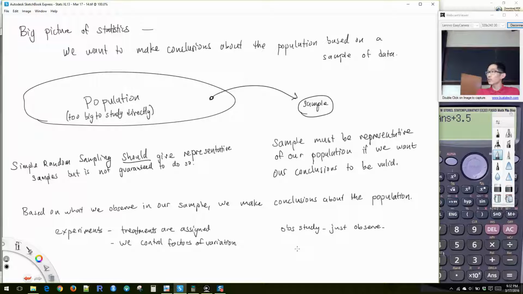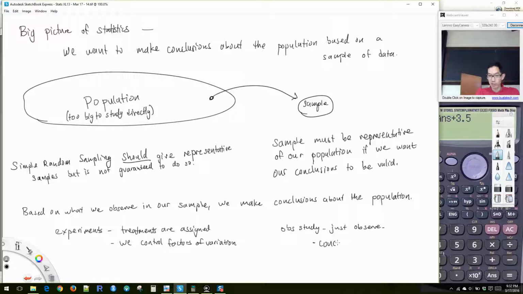You can only say these two things are associated. With experiments, what would the flip side be? Causation. Yeah, causal conclusions. So with an experiment, assuming the data supports this conclusion, you might be able to say this is caused by this. With observational studies, all you can say is there is an association between these two things, okay?